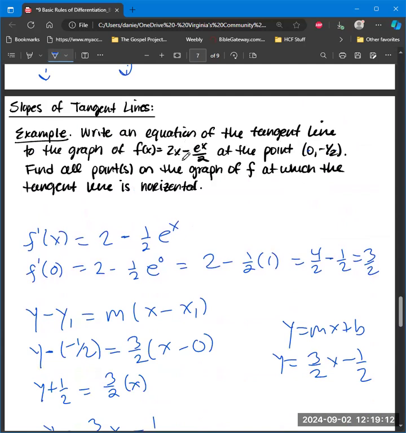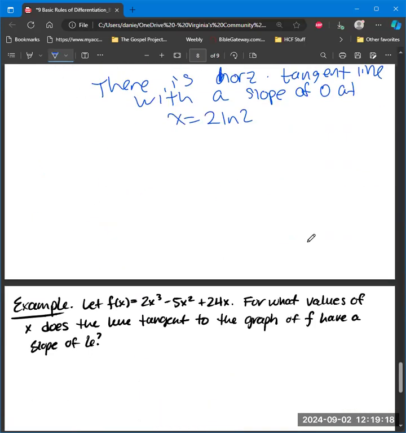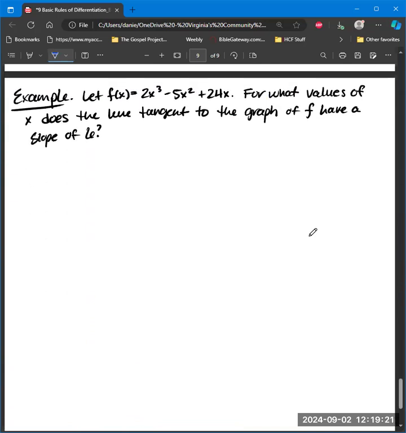And then once you got that, you could use that point and the slope of 0 to come up with the horizontal tangent line there if you needed the equation of it.